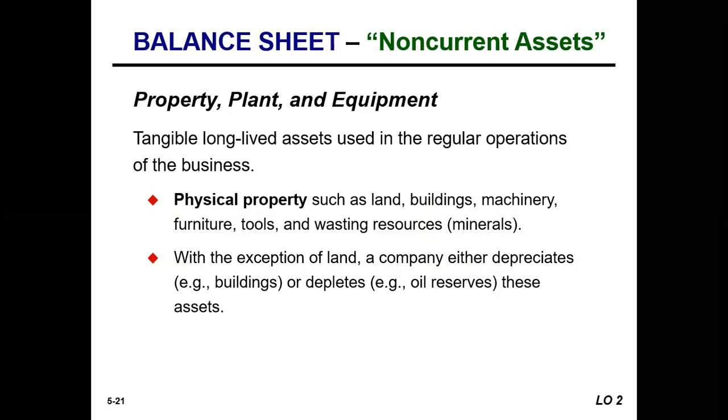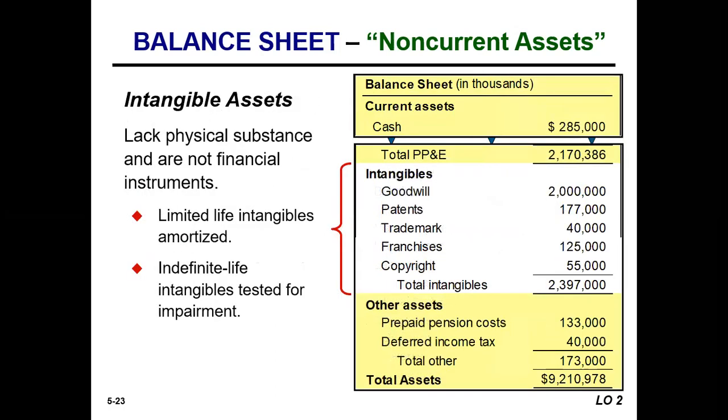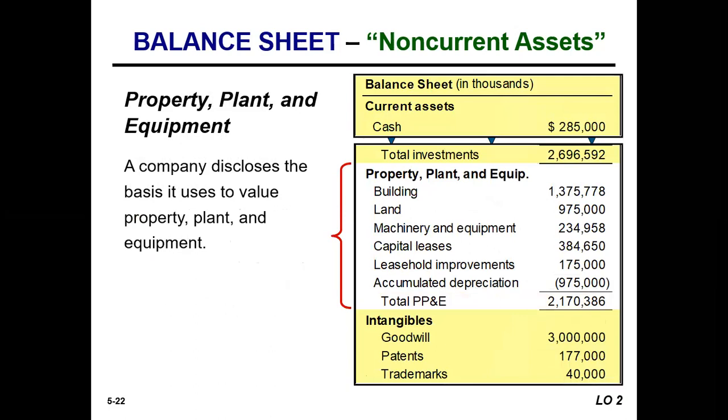And of course, we hopefully know at this point that depreciation is a tax benefit because depreciation reduces our net income and thus reduces our tax obligation, right? Okay. So this is showing us property, plant, and equipment, some of those things that can be listed under property, plant, and equipment.